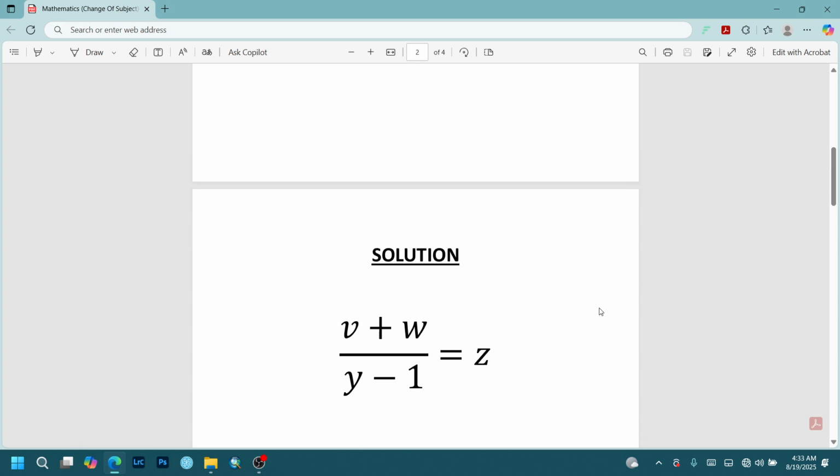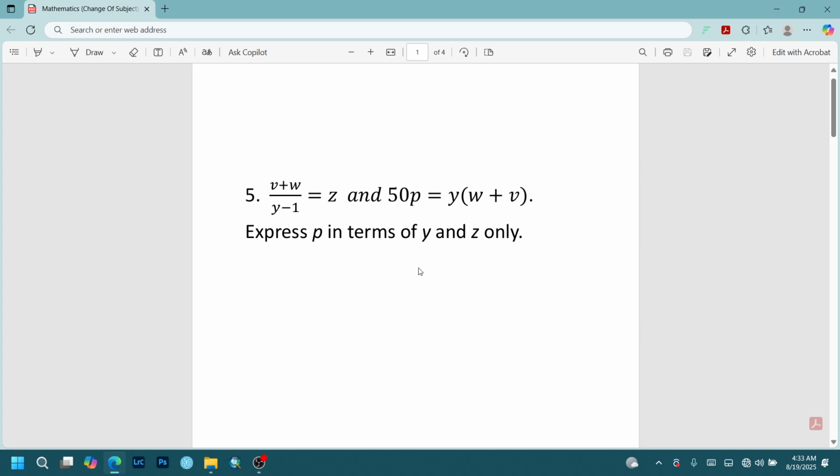Okay, right. So in this question, we're given two equations, right? The equation, the fraction v plus w over y minus 1 equals z, and the equation 50p equals y multiplying w plus v.